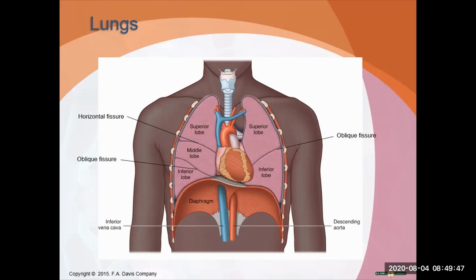Number 7, the main muscle responsible for pulmonary ventilation is A, the abdominals, B, the external intercostals, C, the diaphragm, or D, the internal intercostals. And in this case, the main muscle is definitely the diaphragm, which is C, because the internal and external intercostal muscles are used in the respiratory process.